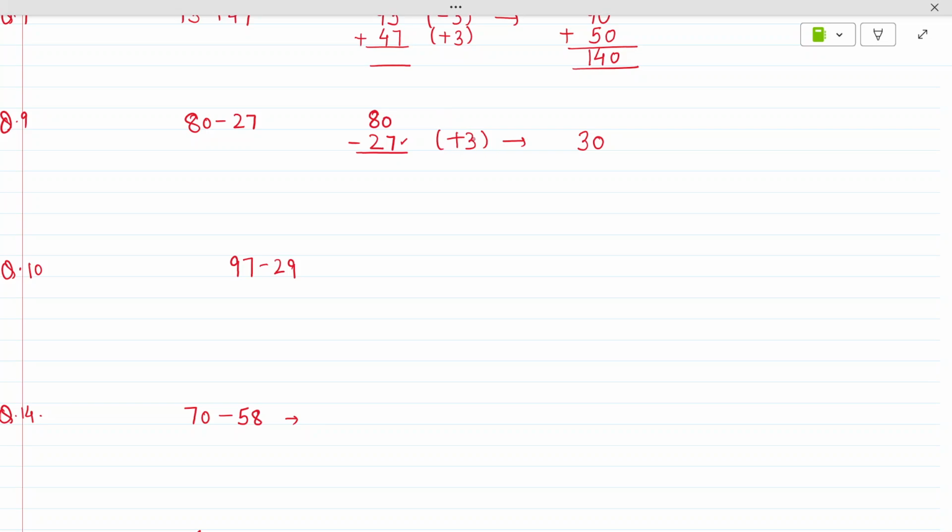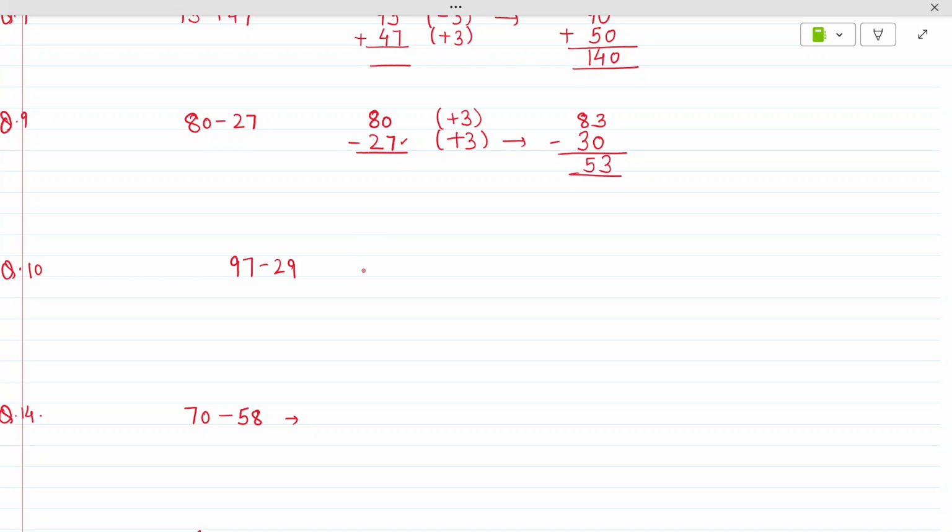Second rule is if I am adding plus 3 to this number, I will have to add the same number to the other number also. In the case of subtraction using compensation, we have to do the same thing to both the numbers. Okay. So 80 plus 3 will give me 83. And now normal subtraction. These are my two new numbers. We will do the normal subtraction. 3 minus 0 is 3. 8 minus 3 is 5. This is the answer.